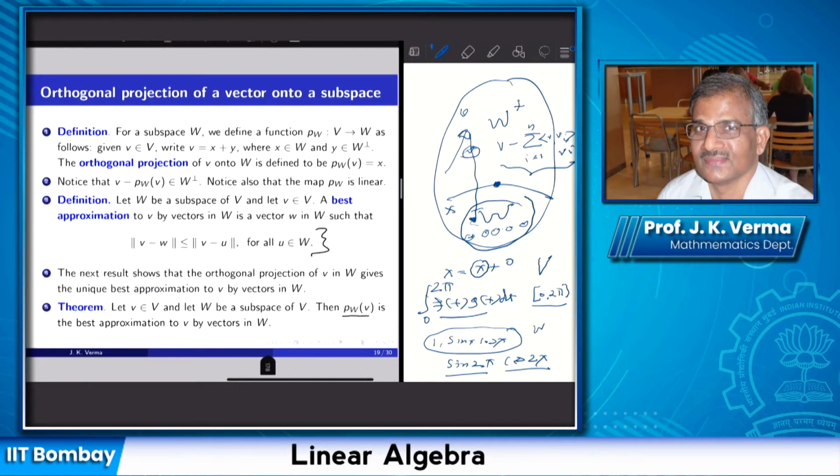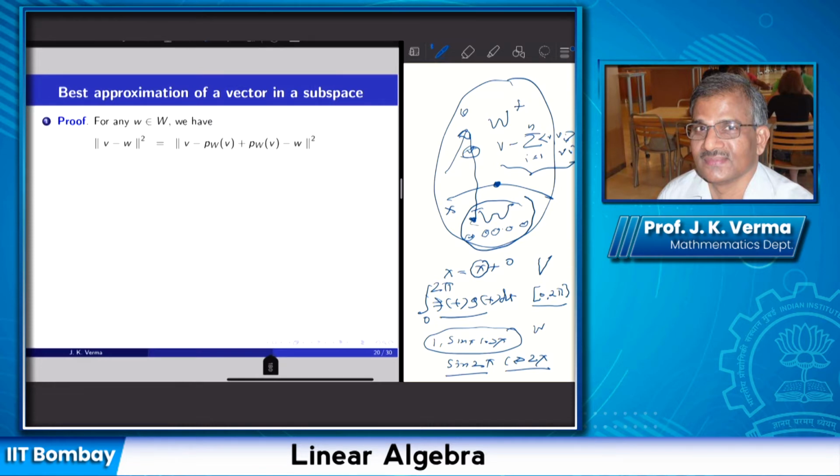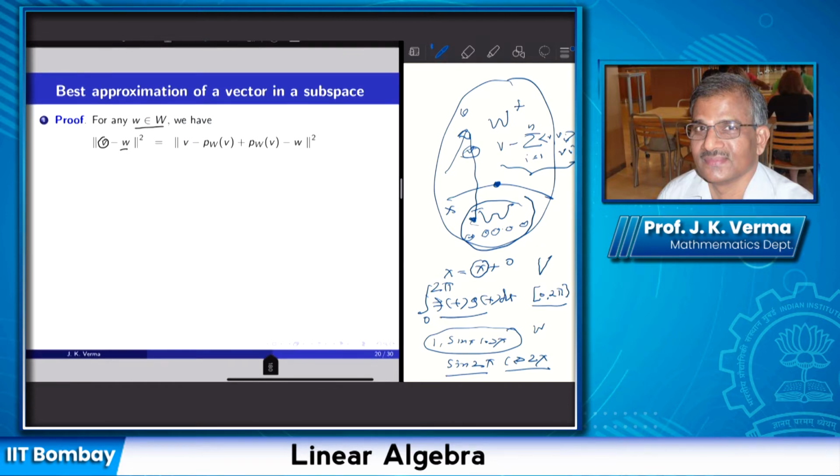So just check the distance of v from any vector. Take any vector w and look at the distance of the given vector v from w. It is the square of the norm of v minus w, which is the norm squared of v minus P_W v plus P_W v minus w.